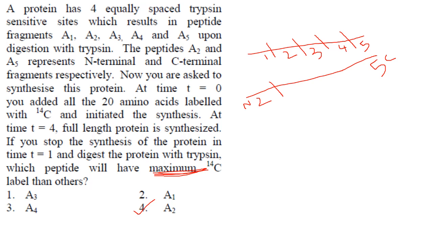At time t is equal to 0, you added all the 20 amino acids labeled with C14 and initiated the synthesis. Protein synthesis, as you all know, starts from N terminal end to C terminal end. At time t is equal to 4, full length protein is synthesized.